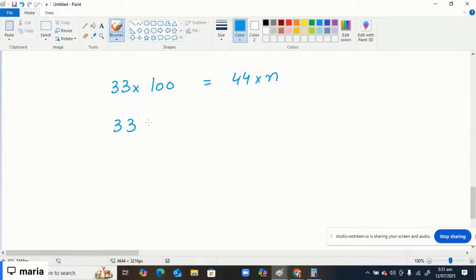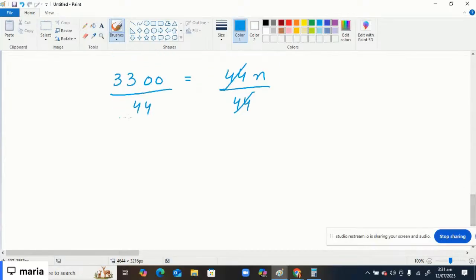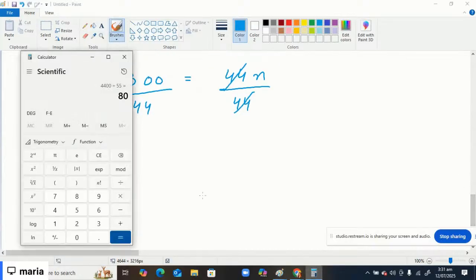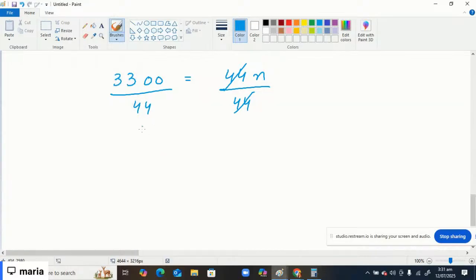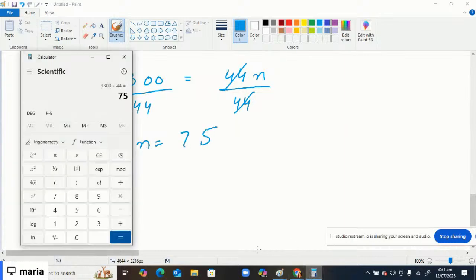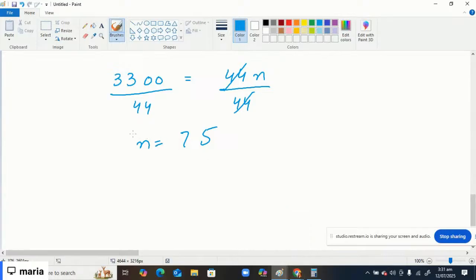So this becomes 3300 and 44n. This should be cancelled. And now what is the answer? You're going to divide 3300 by 44. This is 75. Okay, let's see here, the answer is 75.